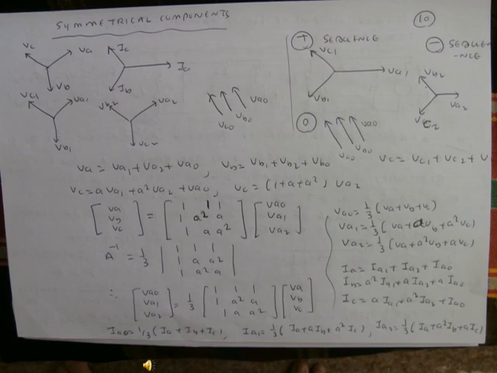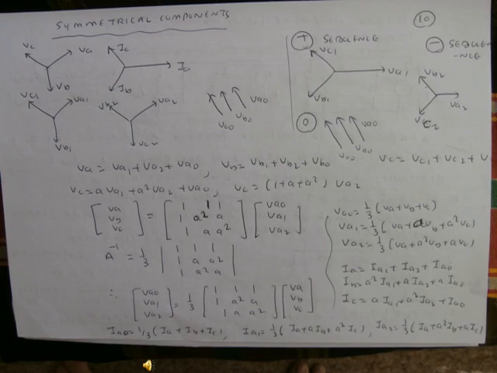So VA0 is equal to 1 third multiplied by VA plus VB plus VC. VA1 equal to 1 third multiplied by VA plus A VB plus A square VC. VA2 equal to 1 third multiplied by VA plus A square VB plus A VC. So the matrix of VA0, VA1, VA2 equal to 1 third multiplied by the matrix, multiplied with the matrix of VA, VB, VC.